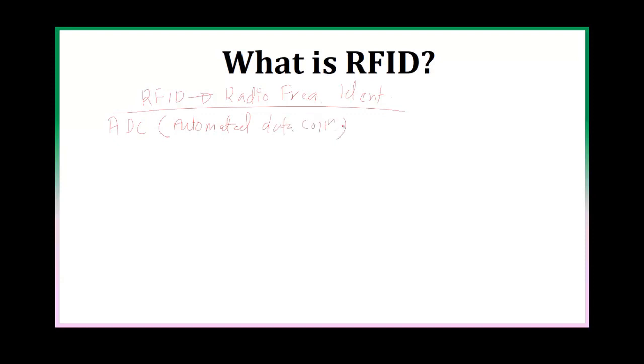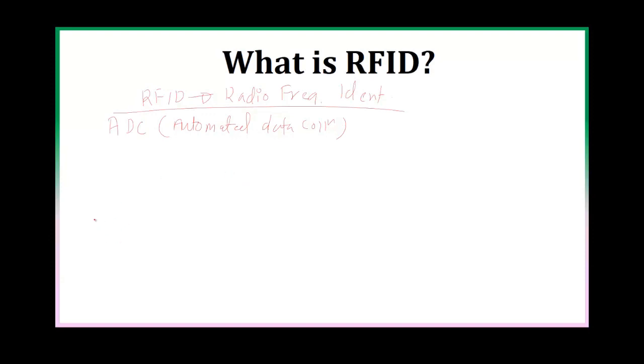So RFID is one type of automated data collection technology. It uses radio frequency waves to transfer data between your reader and a movable item, so you can identify it, categorize it, and track it. It's quite fast and doesn't require physical sight or contact between your reader and the scanner.